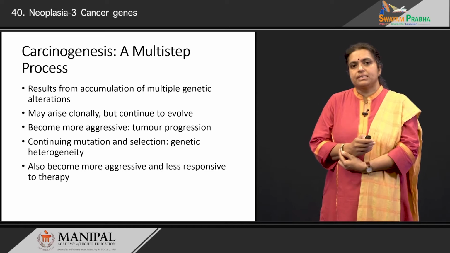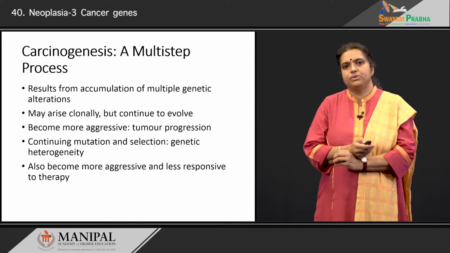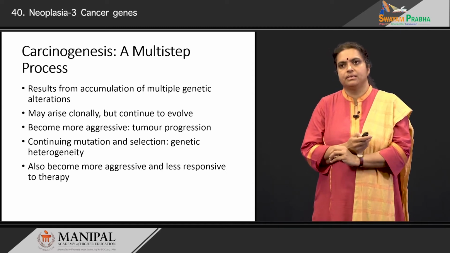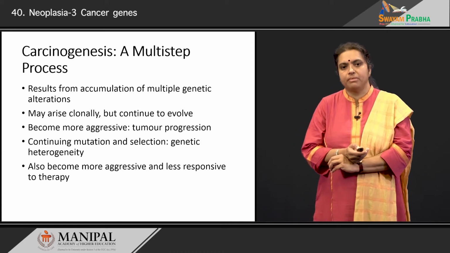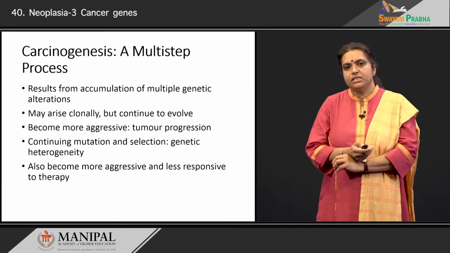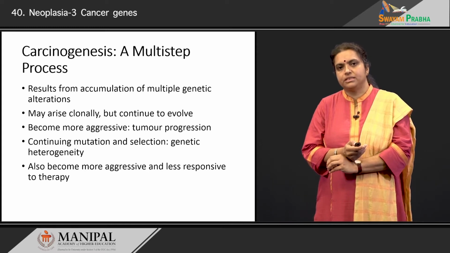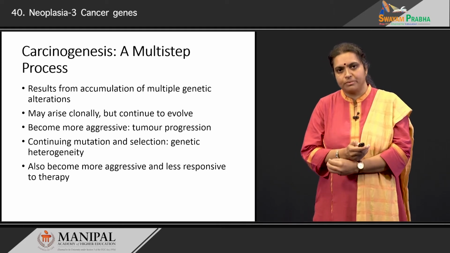Well, we discussed certain changes in cancers as though one change occurs in a certain cancer and that leads to malignant transformation, but we must bear in mind that it is not just a one hit that changes the cell into a cancer cell and it just grows from there.